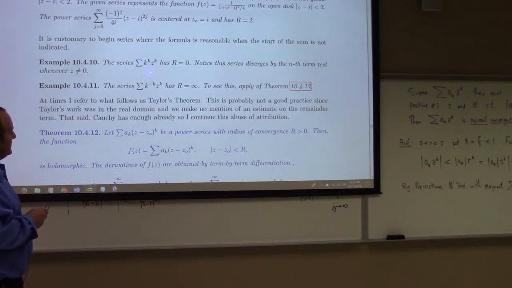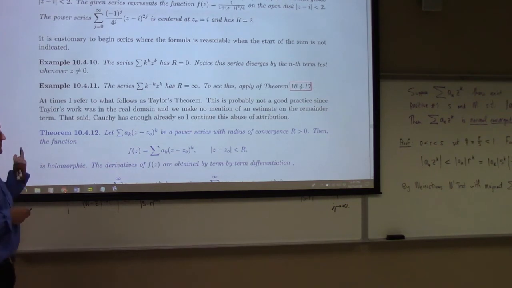If z is not equal to 0, the kth term in the series blows up. And this one, on the other hand, z to the k over k to the k, is very nice. Starting at k equals 1, that converges independent of what z is. So that's got a radius of infinity.